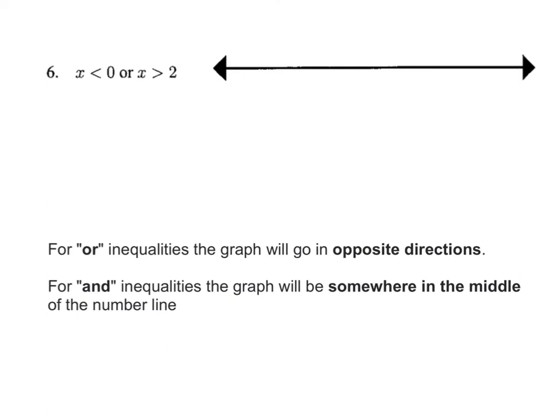Now, on the other hand, we could have an or situation where we have two different rules for x. x could be less than 0, or it could be greater than 2, okay? In other words, we're saying it cannot be between 0 and 2. It has to be below 0, or it has to be greater than 2. So I'm going to make that number line.